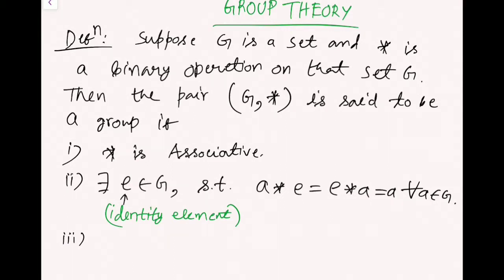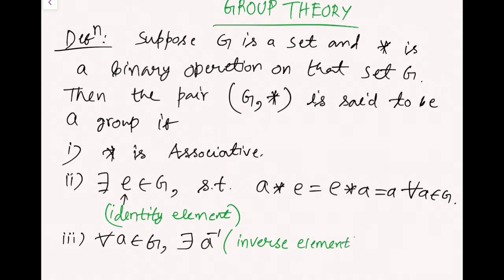And number 3, for all A belonging to the set G, there exists an element A inverse, we shall call it the inverse element, in the set G such that A star A inverse is equal to A inverse star A is equal to the identity element.